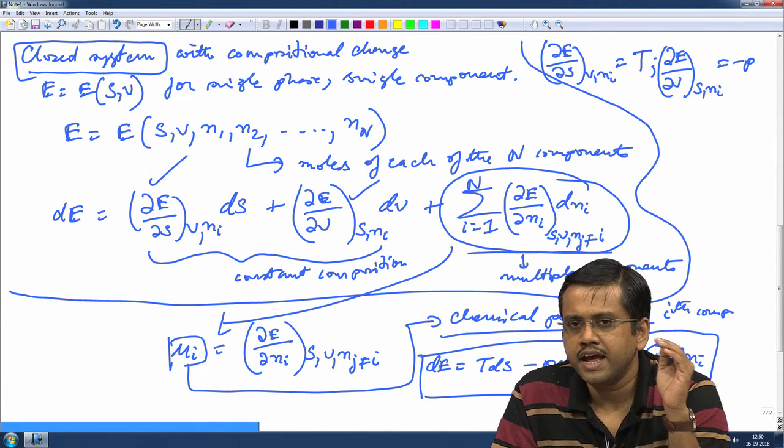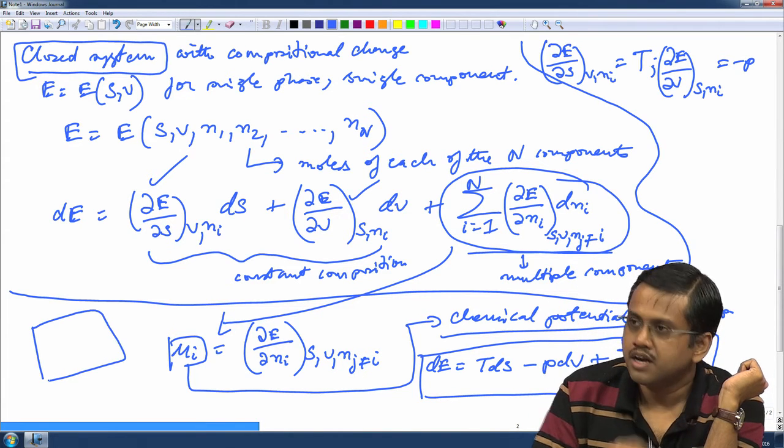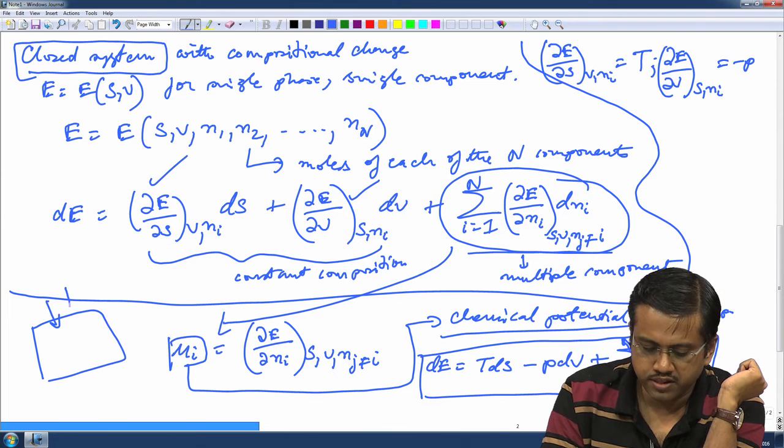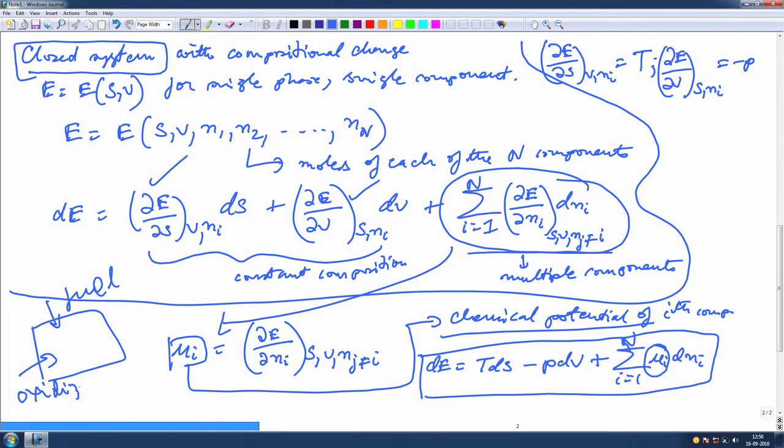But on the other hand, if you take say a combustor in which you put fuel, right, you put oxidizer, and at the end of the day, if it is a closed system, like a vessel, you burn these two and you get the products, like CO2, CO and other things.